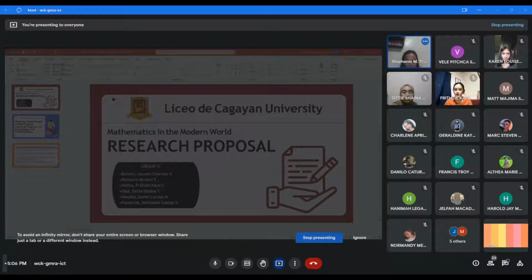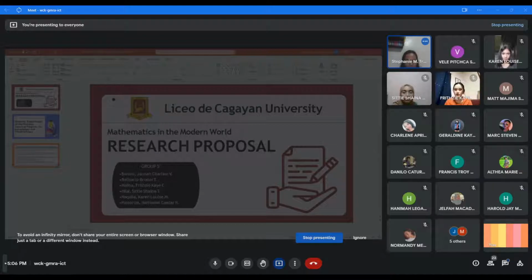other presented topics. With that said, the study aims to determine and project the advantages and disadvantages of flexible distance learning implemented in Liceo de Cagayan University. Furthermore, the proposed paper also aims to, first, determine the effectiveness and advantages of the instructional techniques imposed in Liceo de Cagayan University.